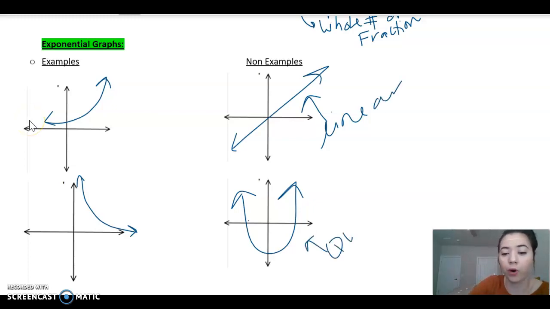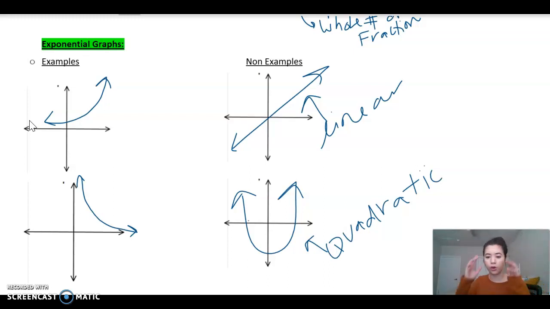This is what we call a quadratic. So any sort of U-shape, no matter how it's turned, is what we call a quadratic. Any kind of J or L shape, no matter how we rotate it, is an exponential function.